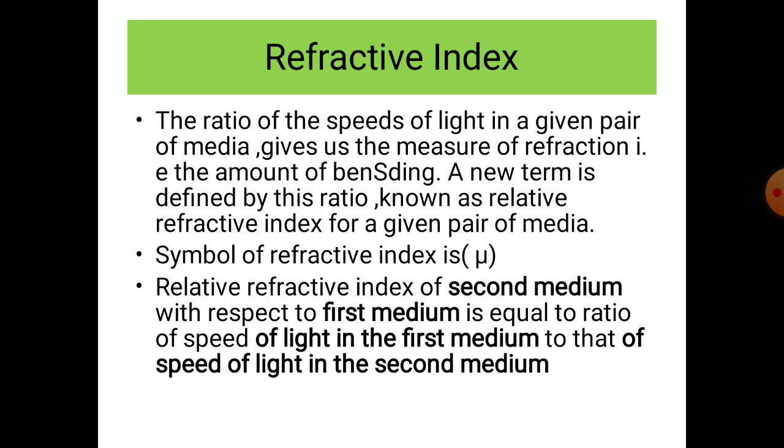A new term is defined by this ratio, known as relative refractive index for a given pair of media, and the symbol used to represent refractive index is read as mu. The relative refractive index of the second medium with respect to the first medium is equal to the ratio of speed of light in the first medium to the speed of light in the second medium.